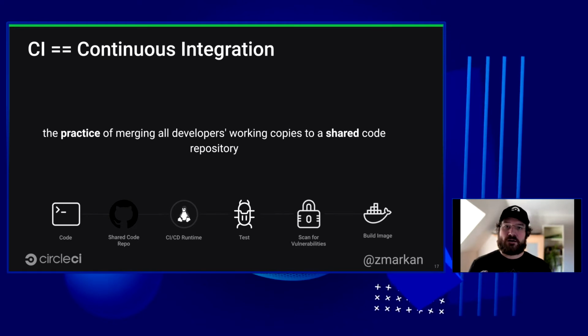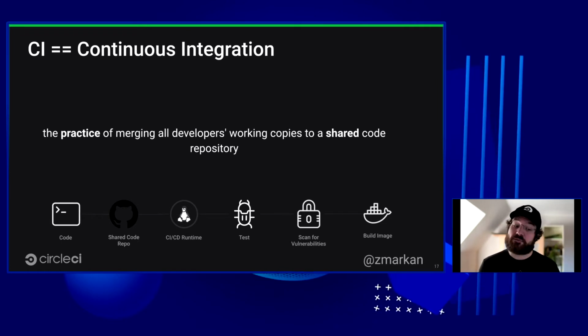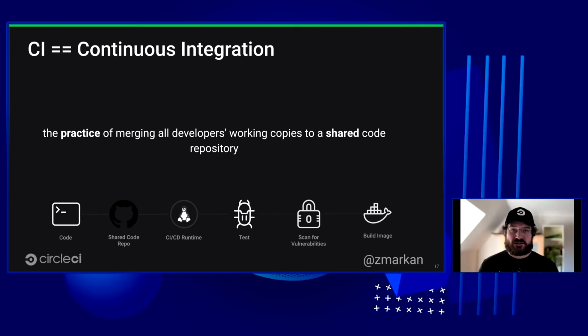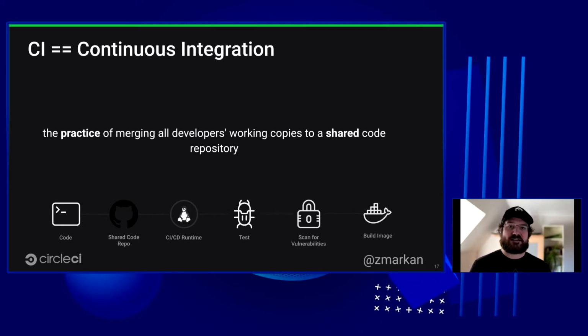Anyway, for those who might not be familiar with the terms, CI/CD is a double acronym that stands for continuous integration and continuous delivery or deployment. And CI, the first part of it, essentially means continuously validating, testing and building the software as commits are pushed to a shared code repository.